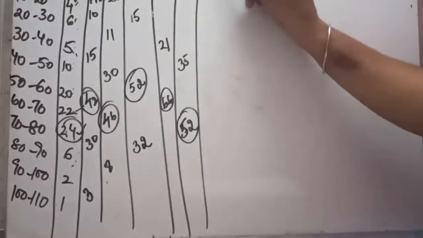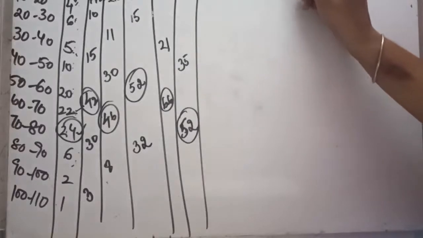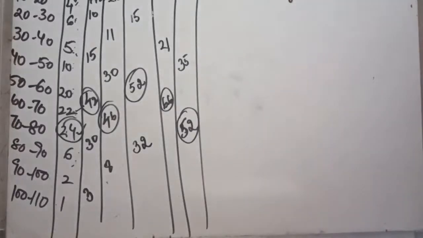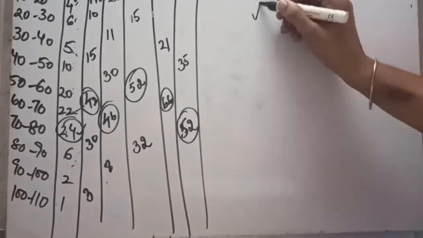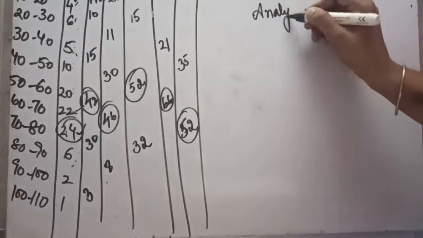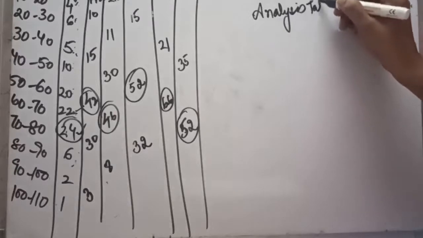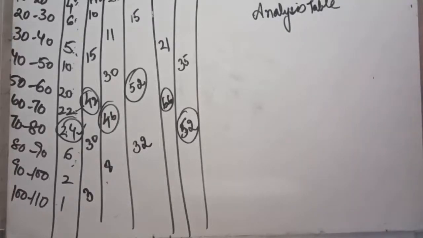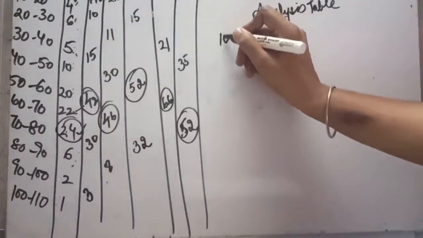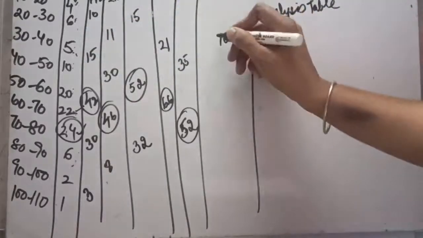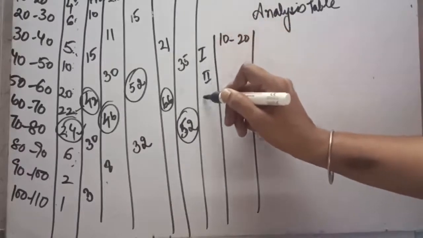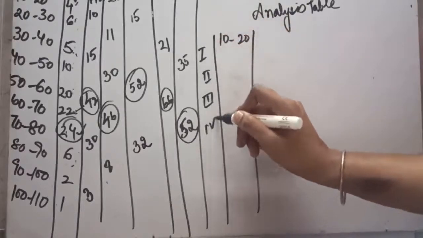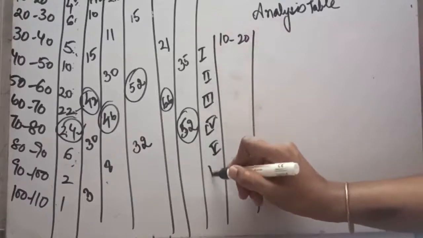Now we will prepare the analysis table, as we have seen in the previous example also. So here we will put the class intervals on this side, 10 to 20, and our frequency boxes will be on this side. 6.